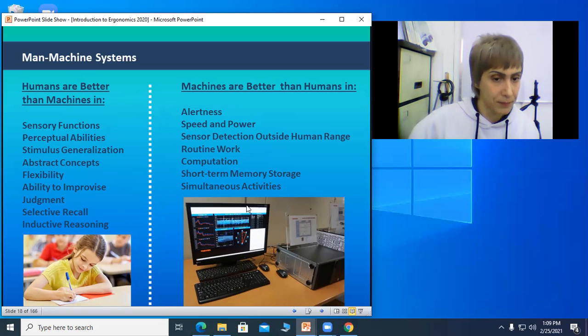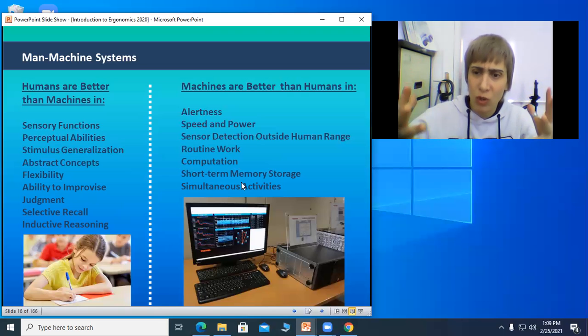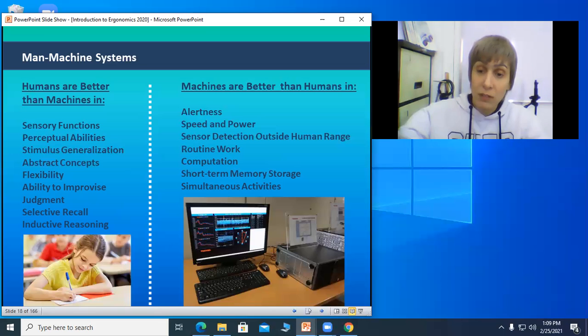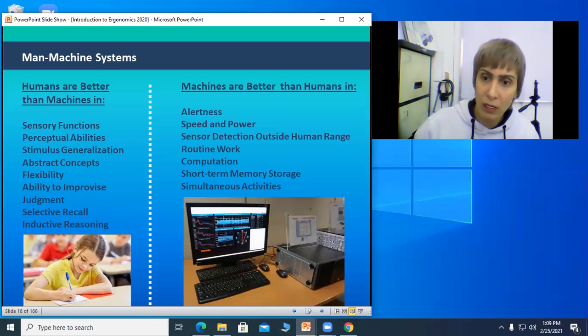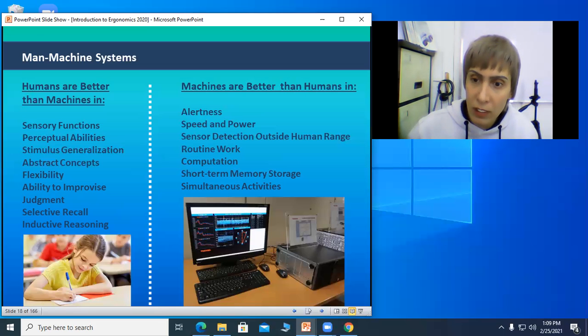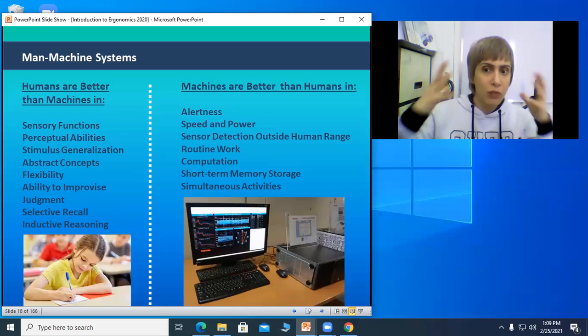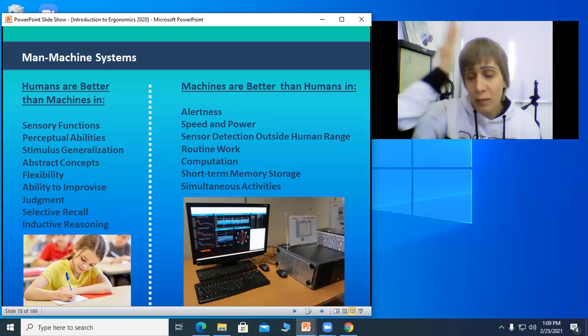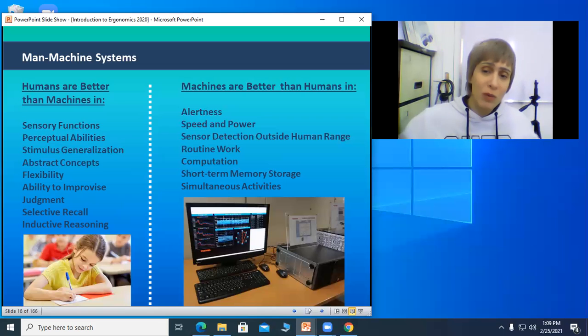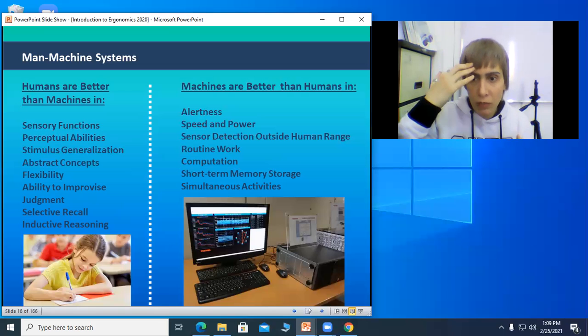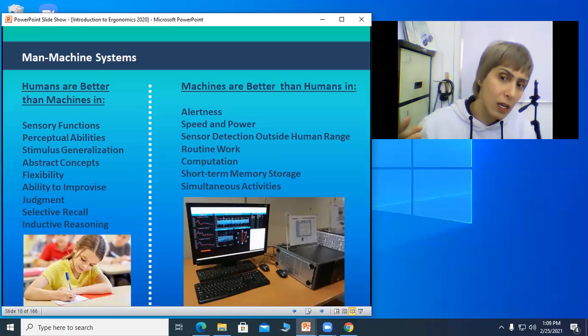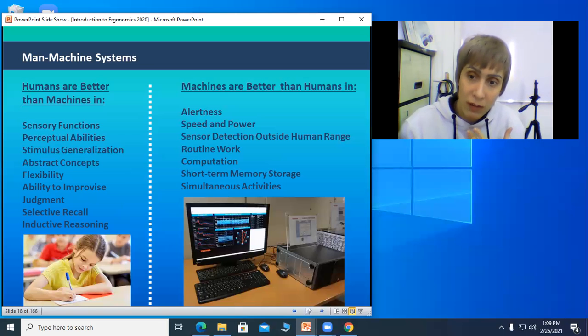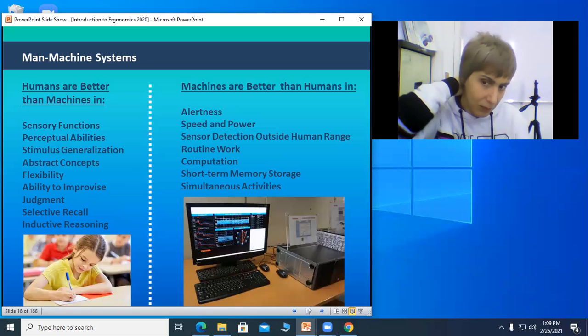So there are also tasks that need a lot of memory storage. Now, the human mind, everybody can forget. For example, if I have so much information in my head and I hit my head by accident, maybe my memory will all go. Or, for example, I am under stress, and under stress, the information that I have in my head does not come out the same way as when I am relaxed.